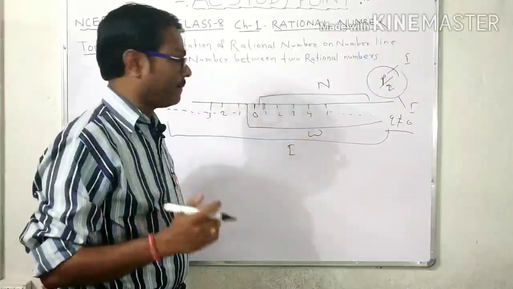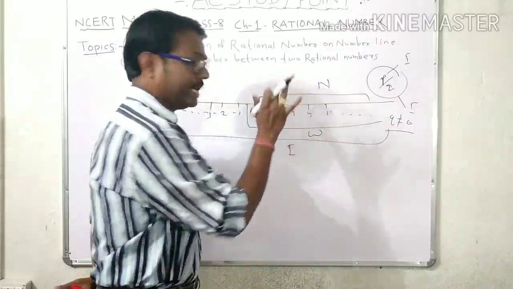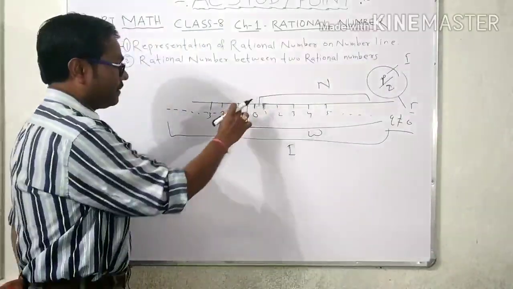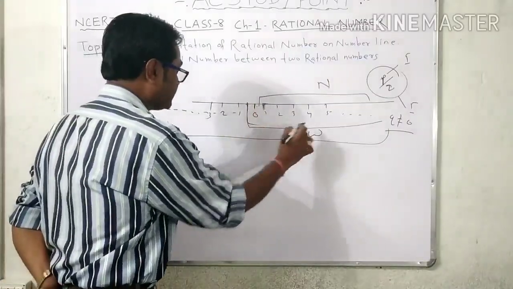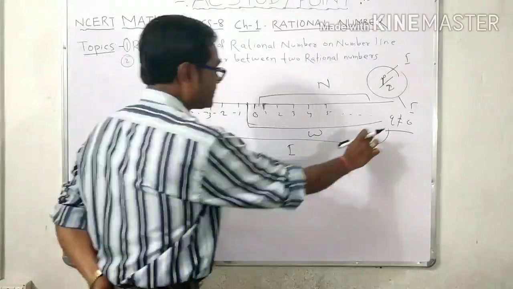If the rational number is a natural number, you represent it like this. If it is a whole number, like this. If it is an integer, in this way.